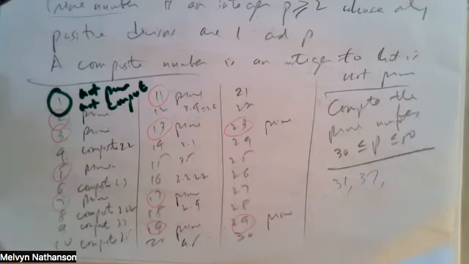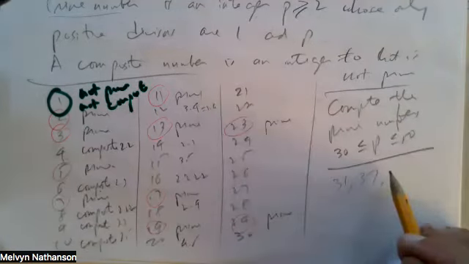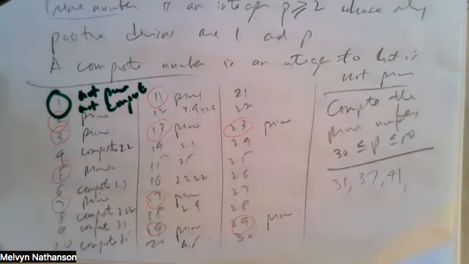Of course, you can right away say to yourself, every even number is divisible by 2. So the only even number that's a prime is 2. Every other even number is divisible by 2 as well as by itself and 1. So no even number bigger than 2 is a prime. So you can just ignore the even numbers, just look at the odd numbers. How about 41? Good choice. That's a prime.